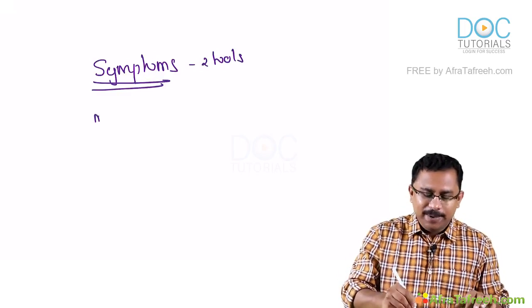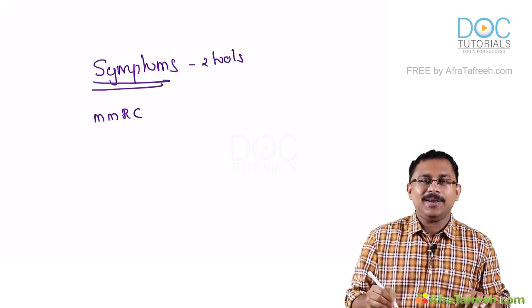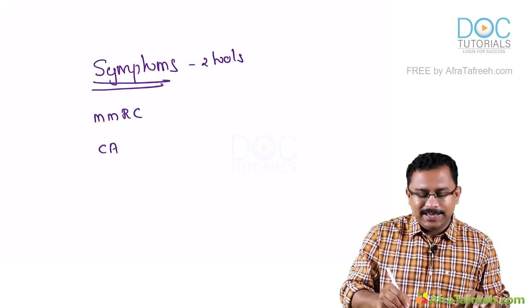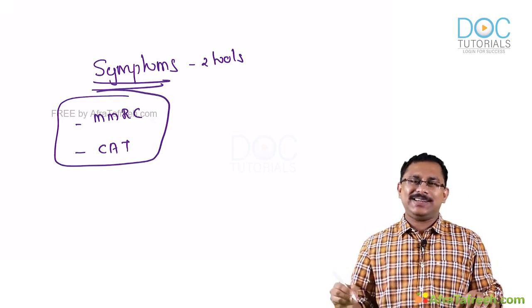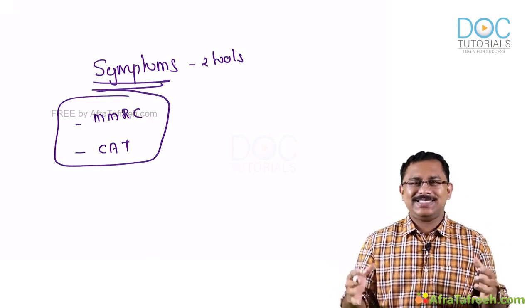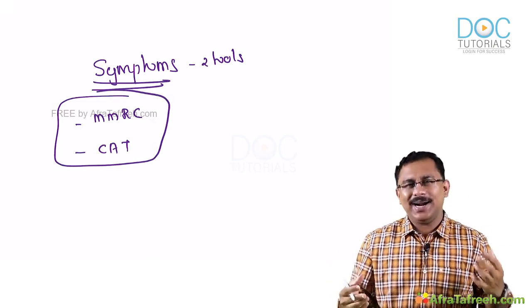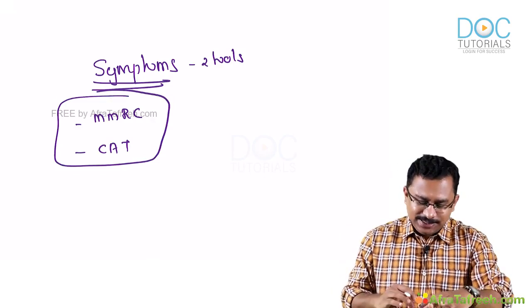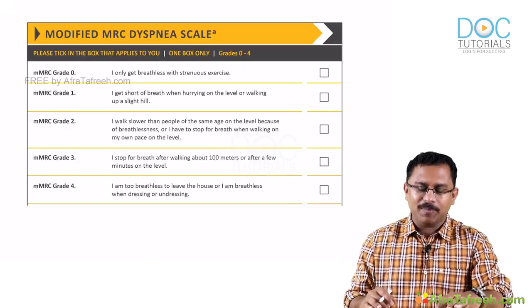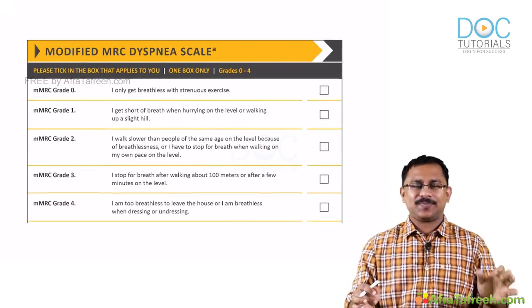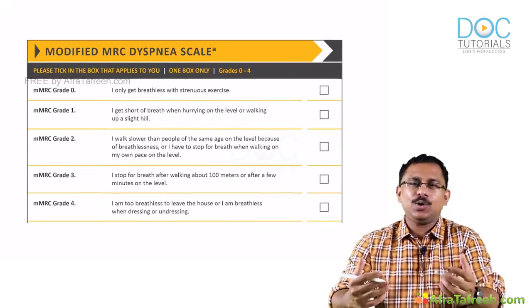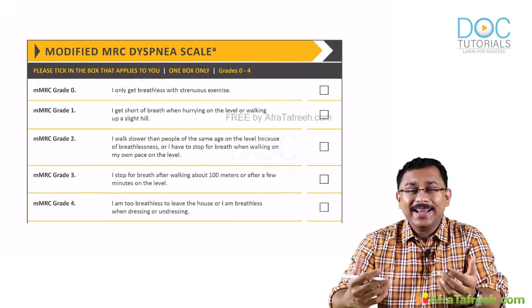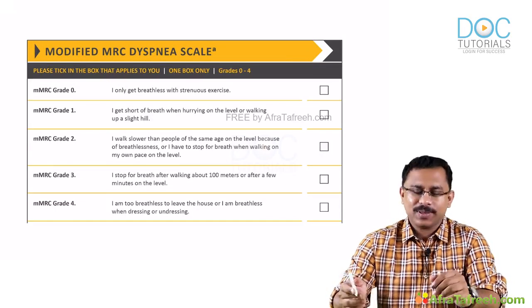One is the MMRC questionnaire and the other is the CAT questionnaire. Now, what is this questionnaire and is it important to understand? Let us see. This one is the modified MRC dyspnea scale. It is a questionnaire which is given to the patient to grade the severity of his symptoms.